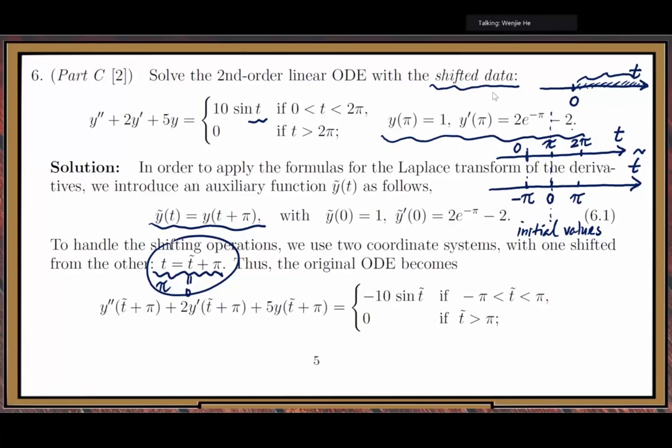So you can see at this initial value vertical line, in the t coordinate system, it is at the pi point. At the t tilde coordinate system, it is at the 0 point. Then, let's look at the domain of t tilde. So we need to keep track of the domain change from beginning to end. Keep closely, so we cannot get lost regarding the domain issue.